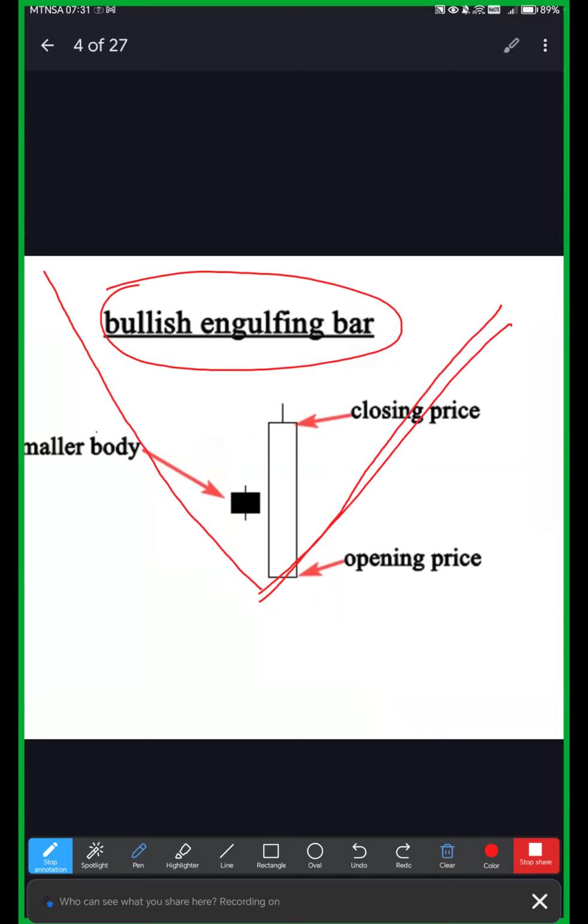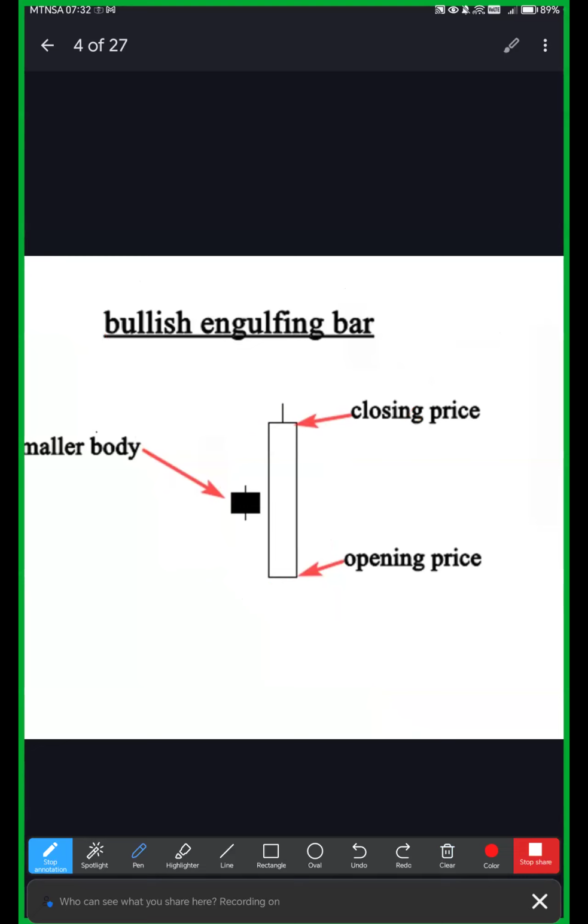So you are going to see the same formation, just that on one side this candle is small, and on the other side this one is a big one. If you recall, in a bearish engulfing bar, this one is a red candle, this one is a green candle. But in this bullish engulfing bar, this one is a red candle, this one is a green candle. Why red this one? Because the market is coming from the top, meaning this is selling pressure.